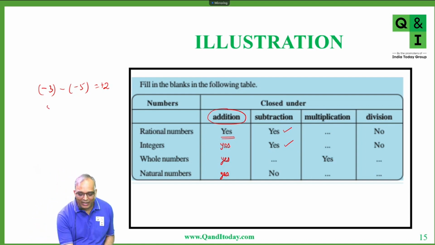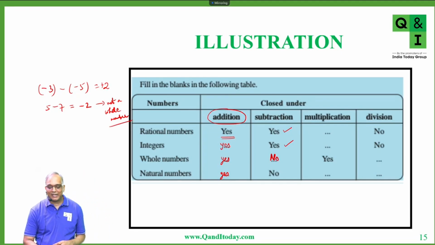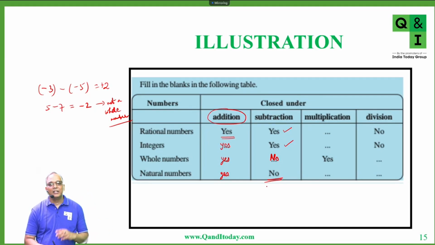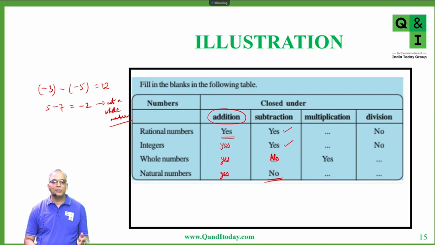If I do 5 minus 7, we will get -2, which is not a whole number. So that's why we say that whole numbers are not closed under subtraction. And similarly for natural numbers also, it is not closed for subtraction. If you subtract two natural numbers, for example, 5 minus 7 is -2, which is a negative number. It is not a natural number. It is an integer, right? So natural numbers are not closed under subtraction.